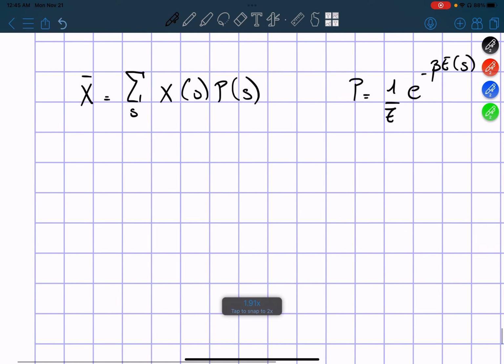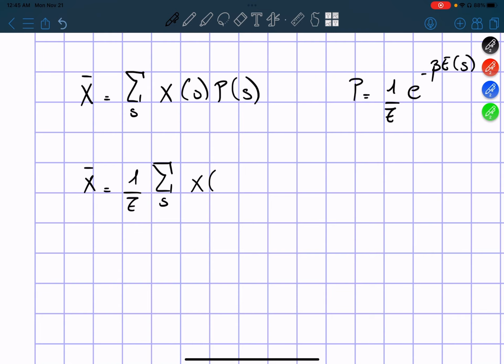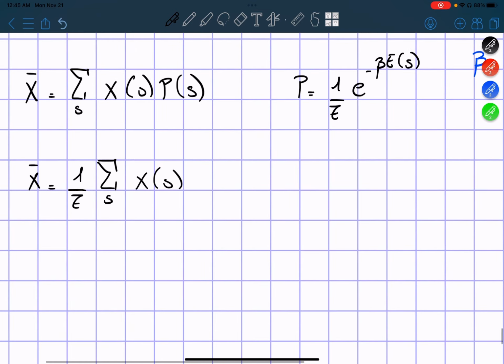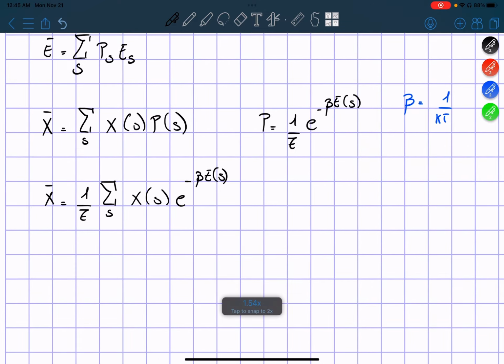So now we can rewrite our x average as 1 over Z times the sum over s of x of s times e to the power of negative beta E of s. This is our average. This is pretty much all you need to remember.